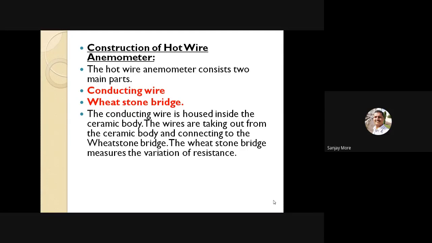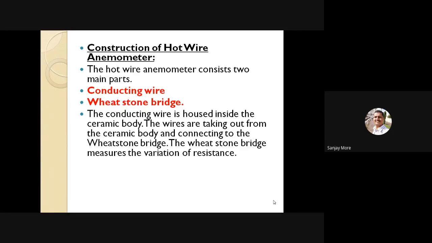Then the hot wire anemometer consists of two main parts. First one is a conducting wire and second one is a Wheatstone bridge circuit. The conducting wire is used to conduct heat and sense the temperature. The conducting wire is housed inside a ceramic body.